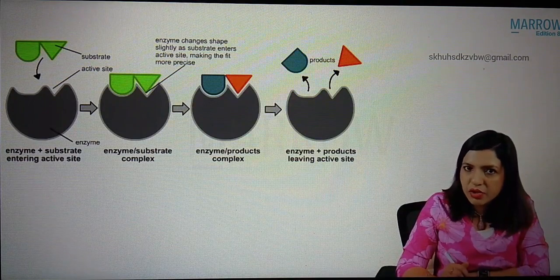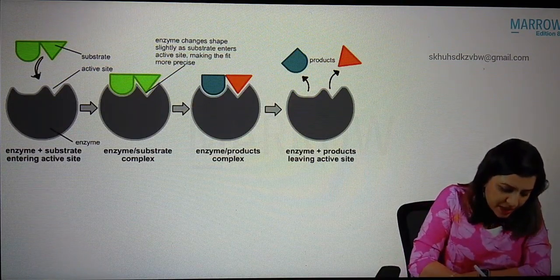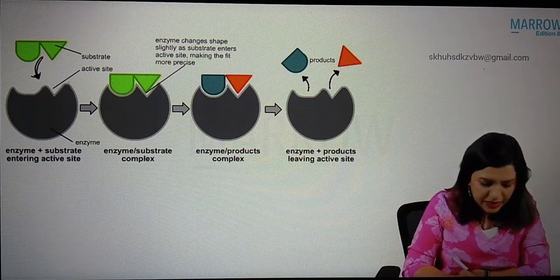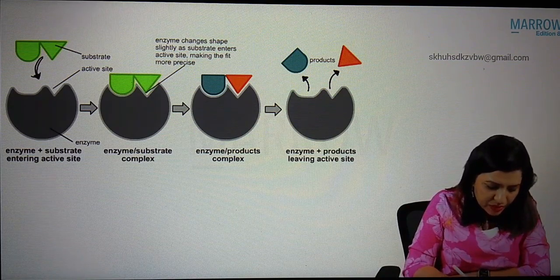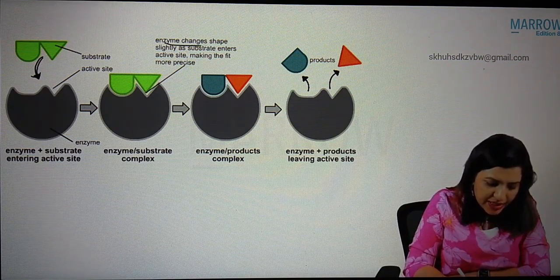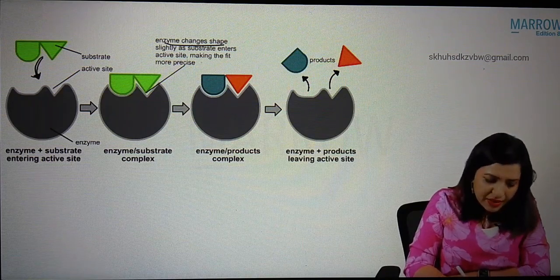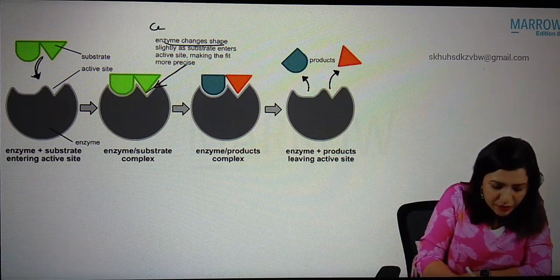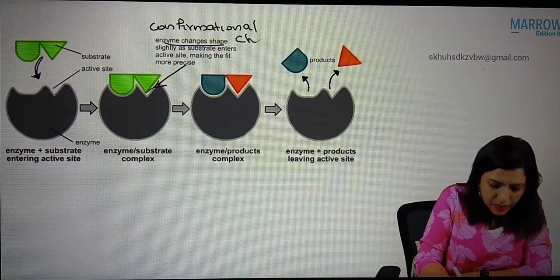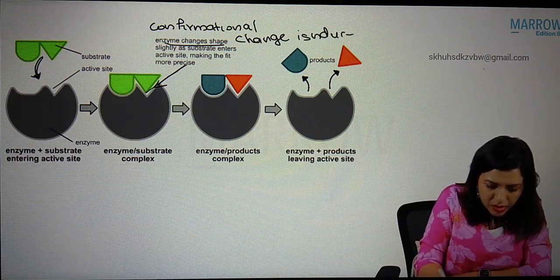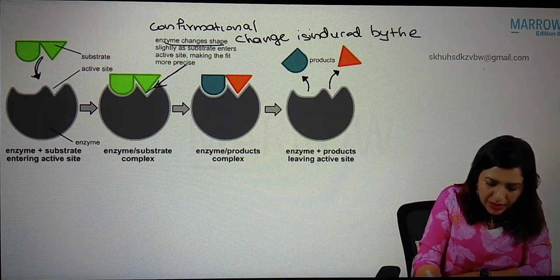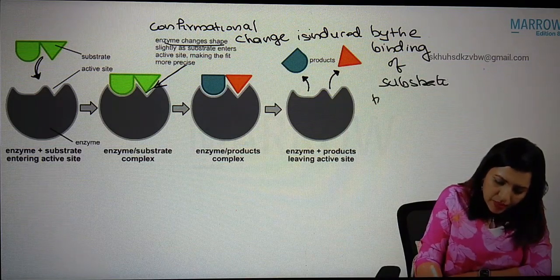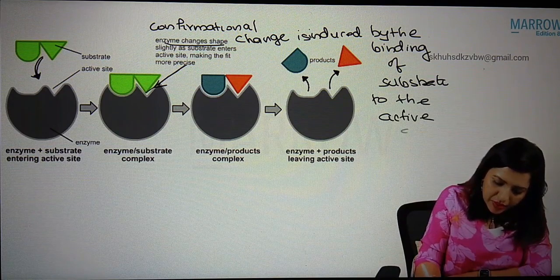Daniel Koshland's induced fit theory says that when the substrate comes and binds to the active site, you can see that it is not perfectly complementary to the active site. But when the substrate binds, the enzyme changes its shape slightly, so that when the substrate is entering the active site, it causes a conformational change, which is induced by the binding of the substrate to the active site.